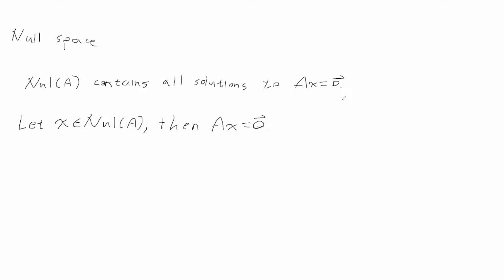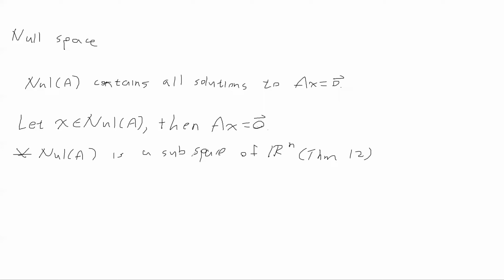Now, let's take some time and prove that the null space of A is actually a subspace of Rn. This is actually theorem 12 from the textbook, but it's pretty easy to prove because we just need to show that the null space of A is a subspace.